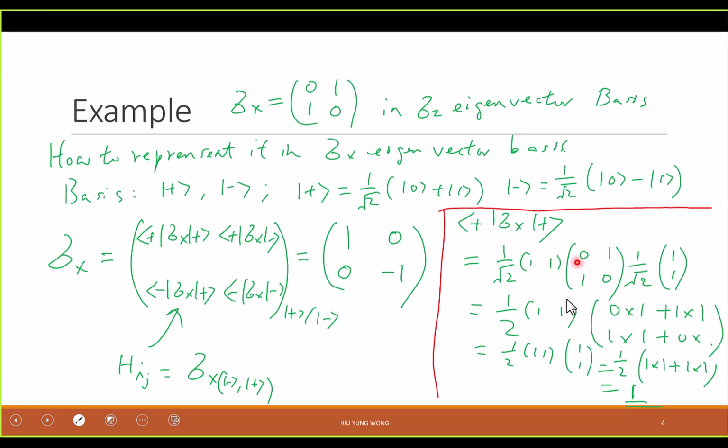When I write this, which basis are we using? The sigma z basis, 0, 1. Yeah, this is the 0 and 1 basis. Because I dare to write 0, 1, 1, 0, it means this is in the 0 and 1 basis, not plus minus.